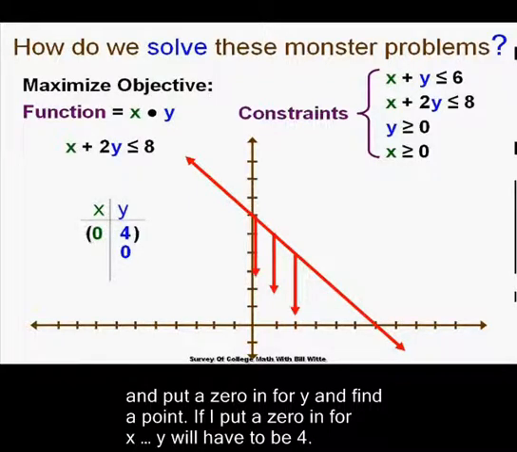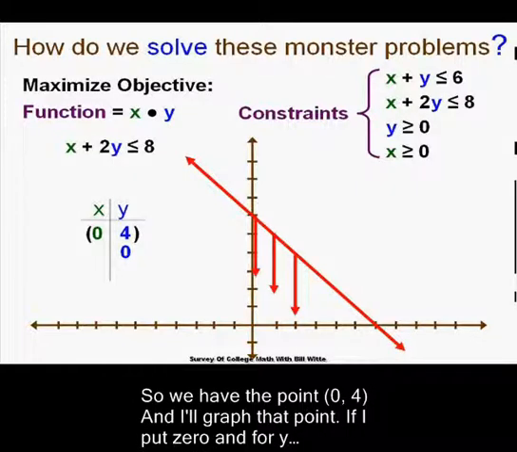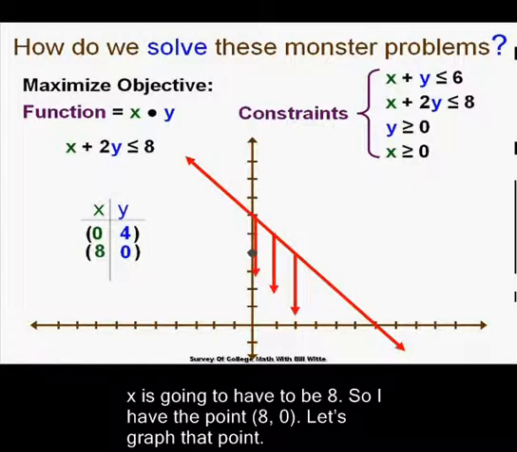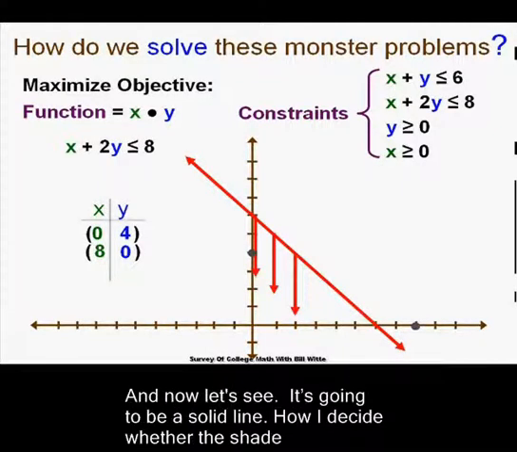If I put in a 0 for x, y is going to have to be 4. 2 times 4 is 8. And I'll graph that point. If I put a 0 in for y, x is going to have to be 8. And there it is. Let's graph that point. 8, 0.